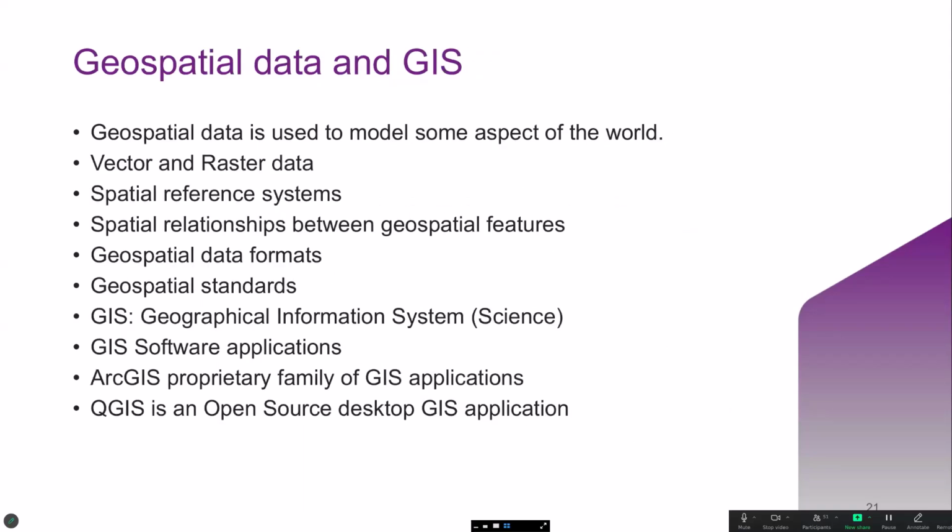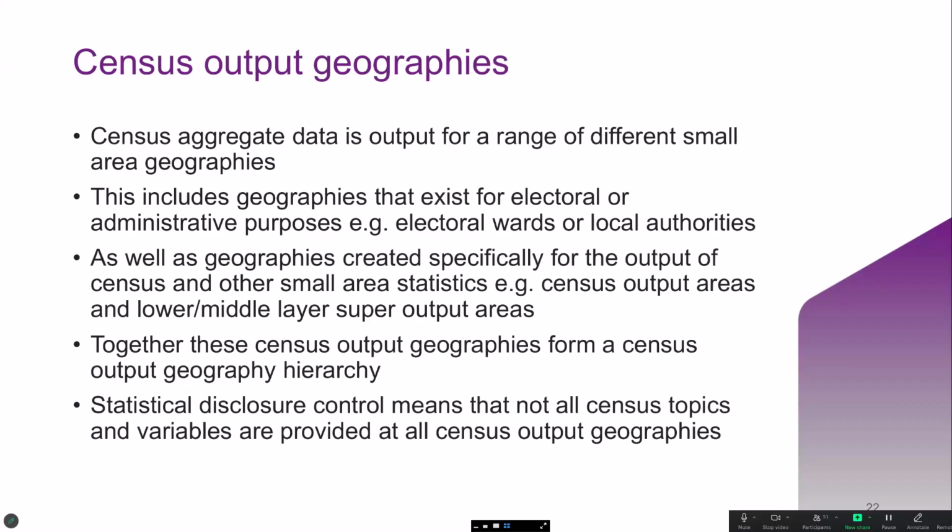Before we look at QGIS, a quick note about the census output geographies. We saw earlier the mention of the output areas, and we can go down to the data at ward level. So the census area data is output for a range of different small area geographies, and together these census output geographies form an output area geography hierarchy, from the smallest output area up to, say, ward or local authority and then the country.